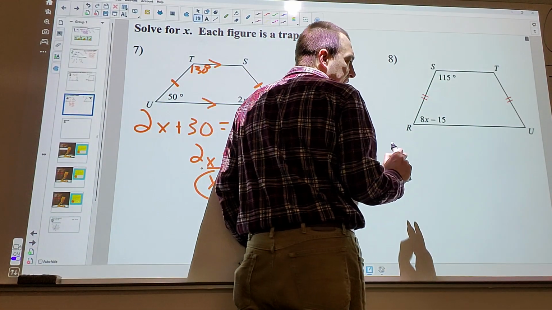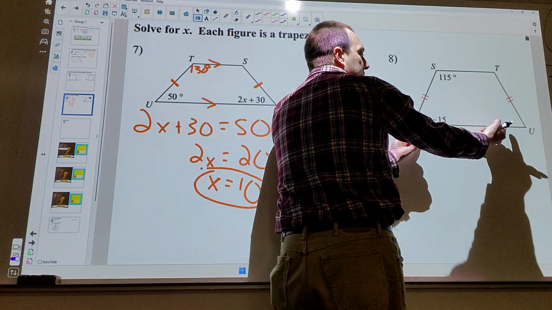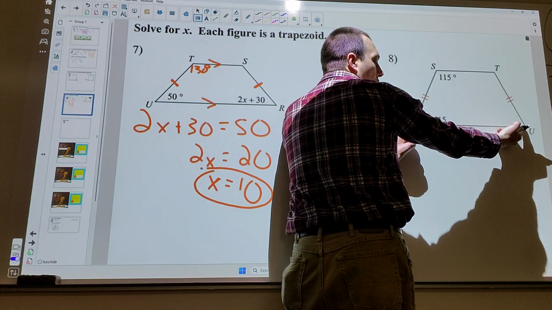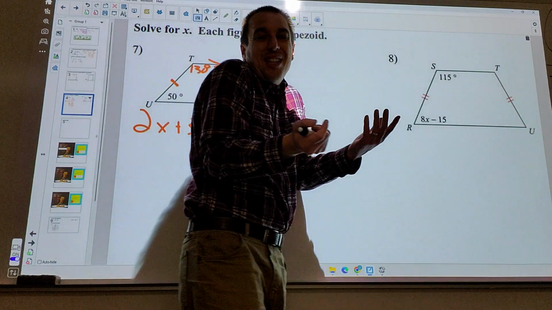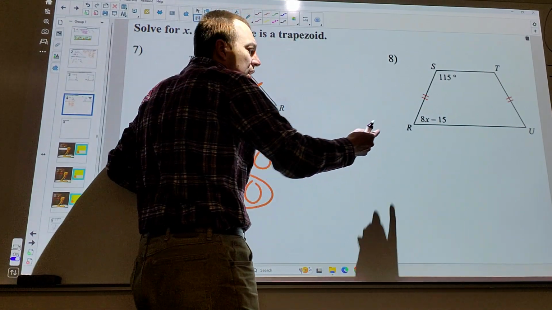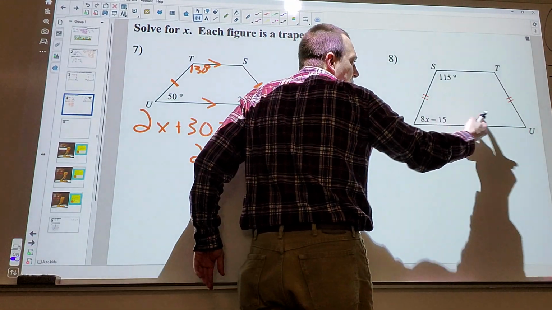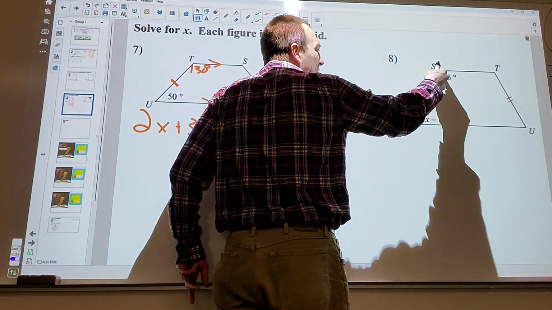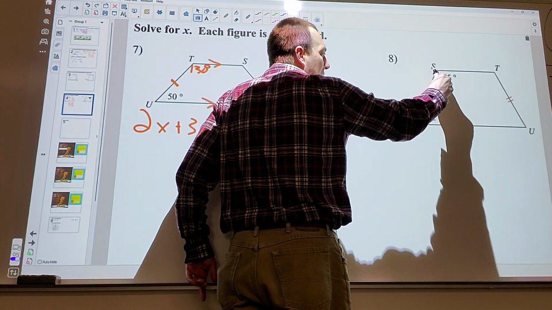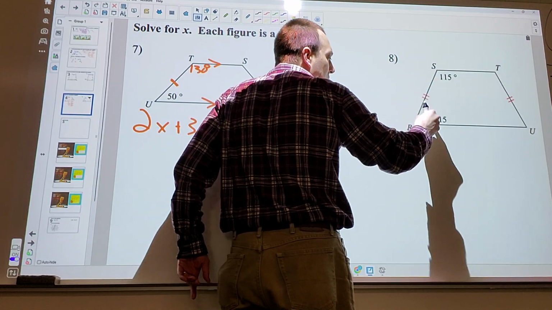They told us it's an isosceles trapezoid. That means that these two angles are equal, R and U, but that really doesn't help us for this problem. These two angles are equal. For any trapezoid, these two angles add up to 180 degrees.